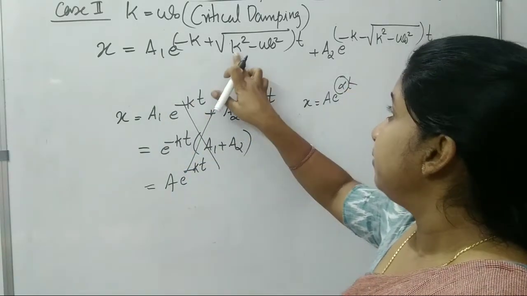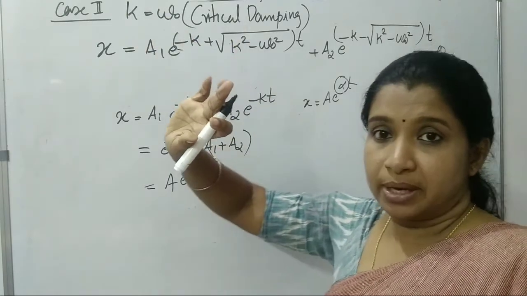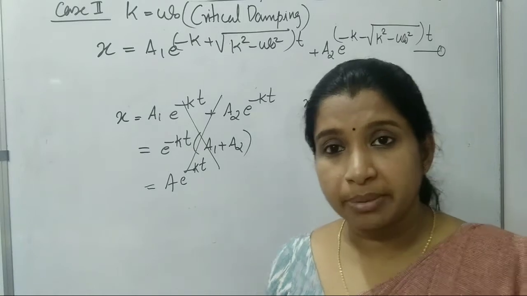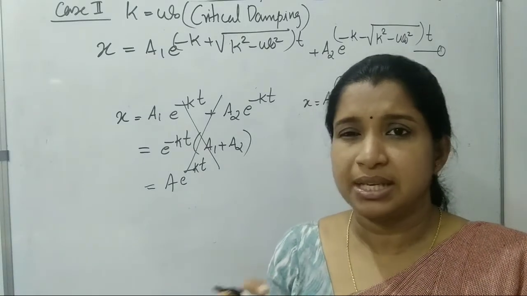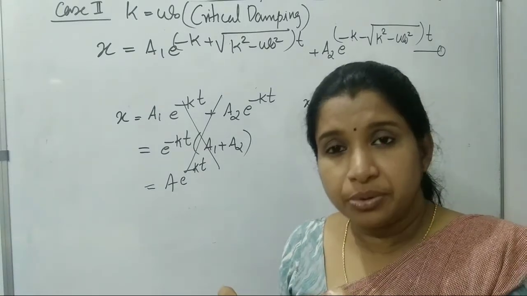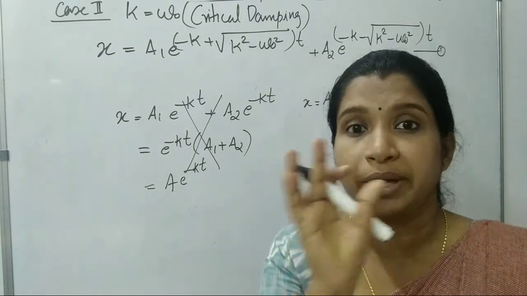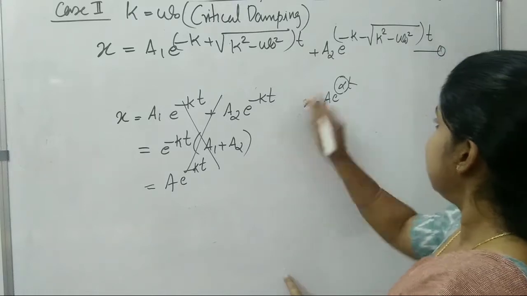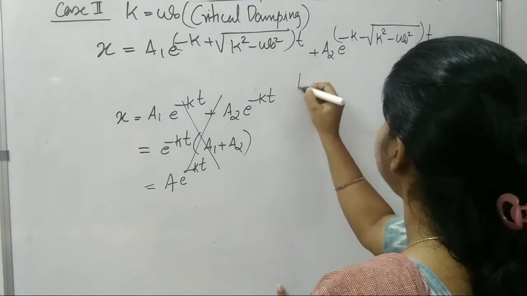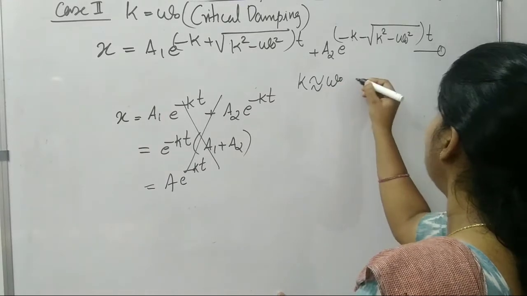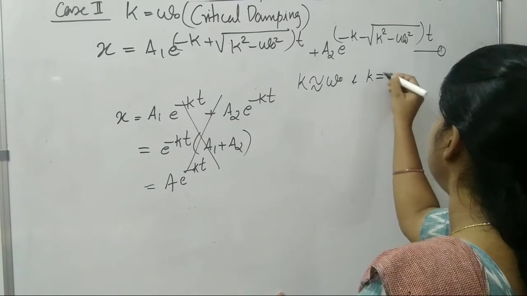For this, here we take k equal to omega 0. That means exact matching of two frequencies, damping frequency and natural frequency. It is not possible. There is a minute difference between two frequencies. Here we consider that minute difference. That is, here we take the condition as k is nearly equal to omega 0 and it is not equal to omega 0.